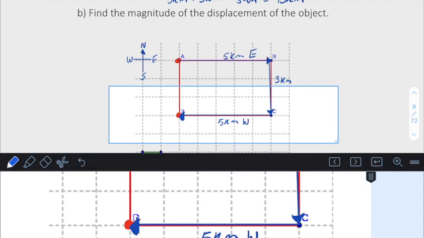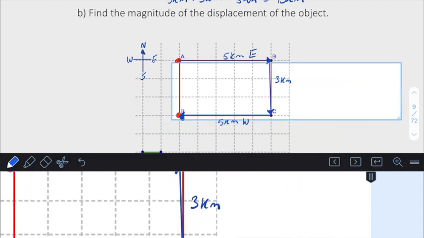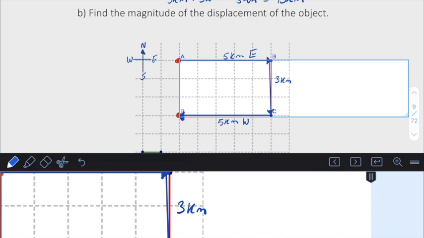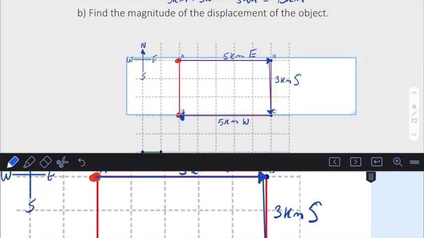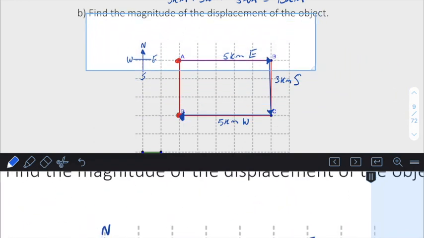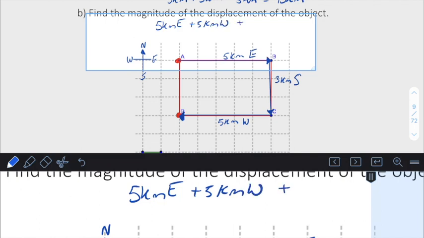This becomes 4 kilometers west. And this becomes 3 kilometers south. So when we think about the total displacement, we have 5 kilometers to the east plus 5 kilometers to the west plus 3 kilometers to the south.